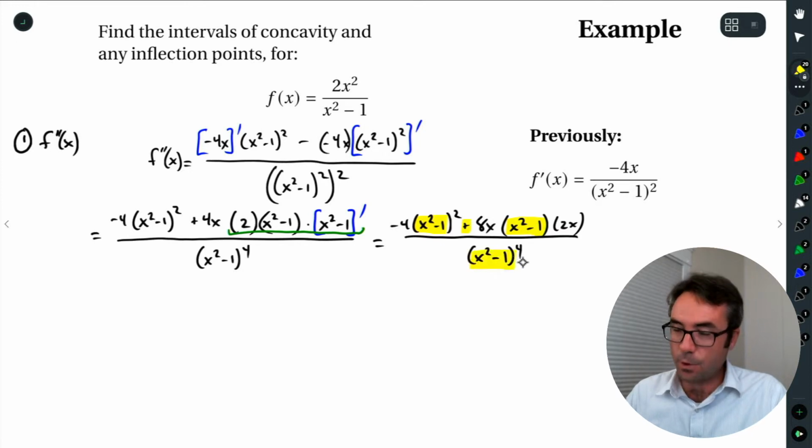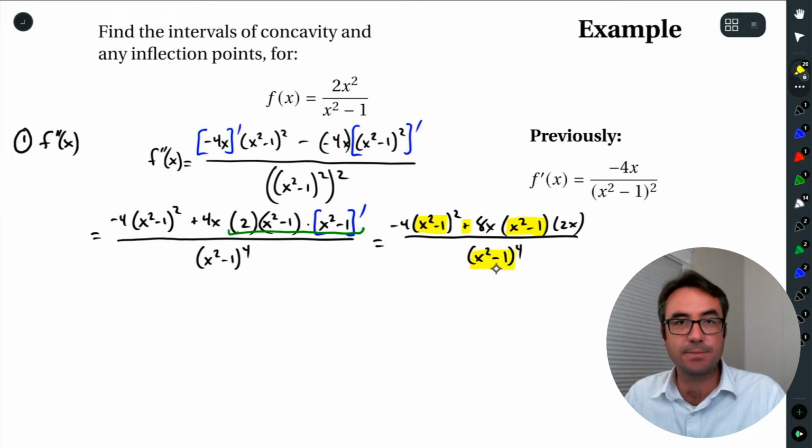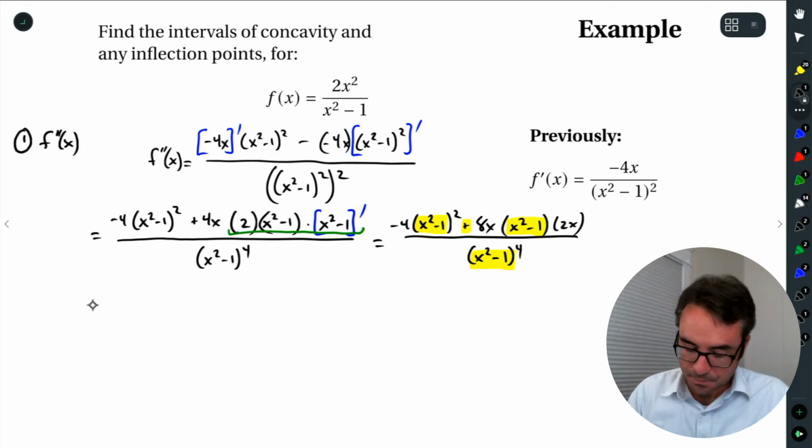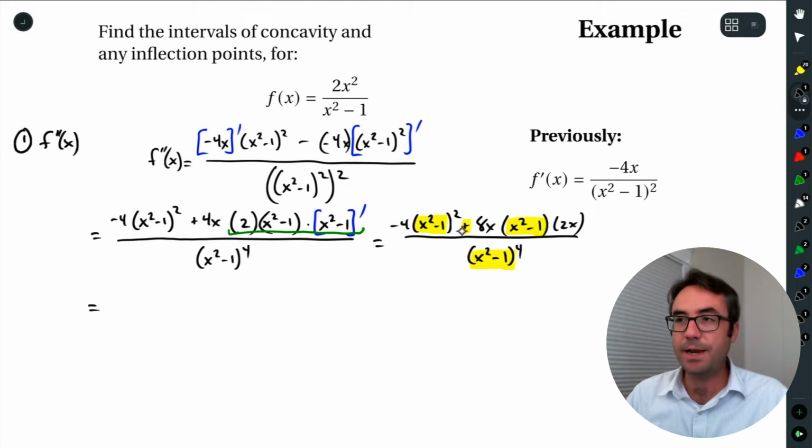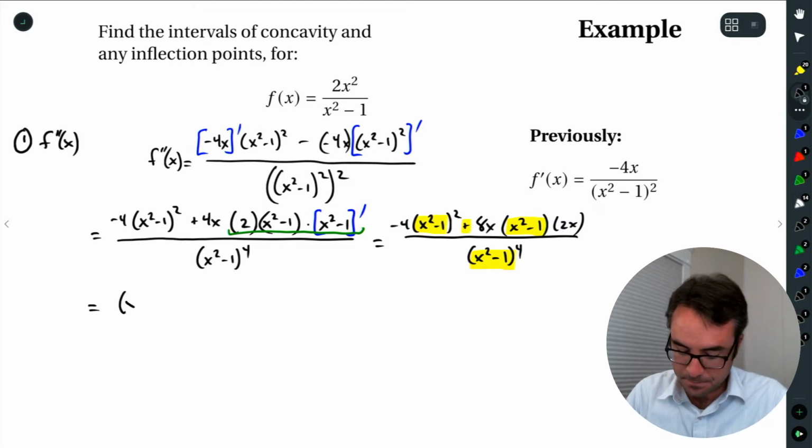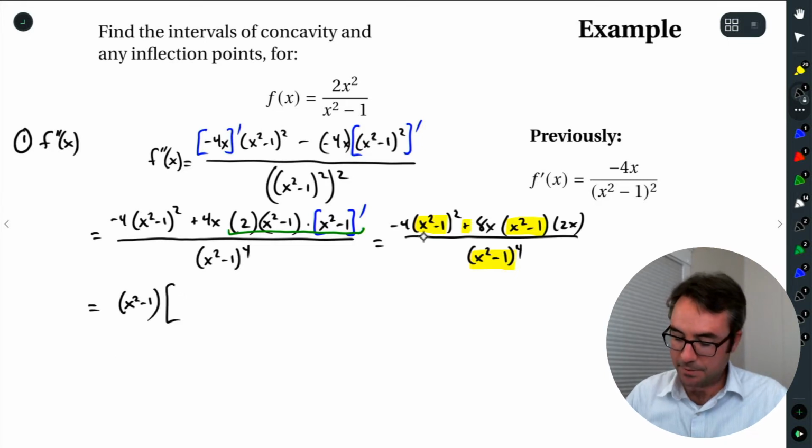And we have 4 copies of x squared minus 1 in the denominator. So we can actually do a little bit of canceling here. We can factor this out. In the numerator, we can factor out an x squared minus 1. So if we look at the first piece here, what are we going to have left over?